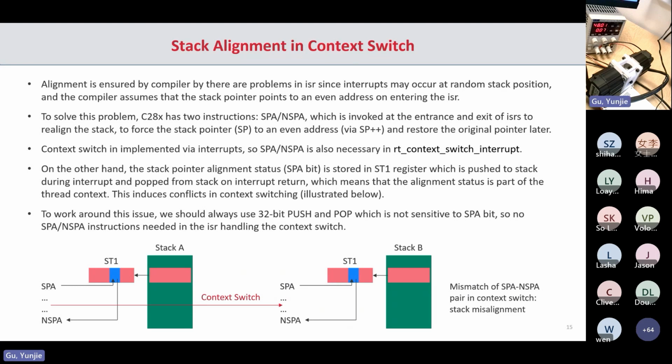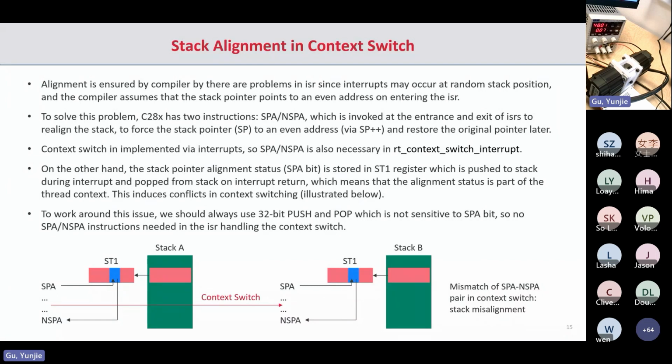But this NSPA is based on a register which is not the same one as in the previous context. That means there's a mismatch between the SPA and the NSPA in the context switch handling ISRs. So this is really problematic.